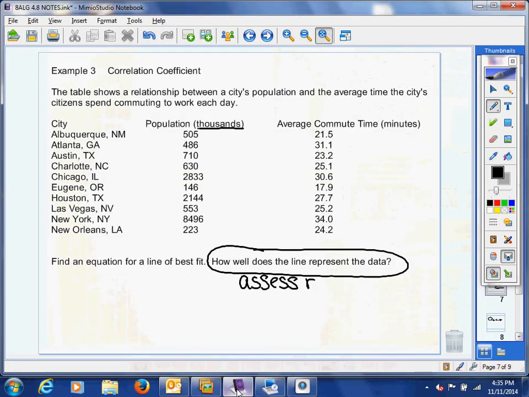We've done our work that we needed to do on the calculator, and now we're ready to write the equation, and we've got y equals 0.001355x plus 23.78, okay? Lucky you, you don't have to interpret the slope or the intercept, so I'm so happy for you. There's your equation.